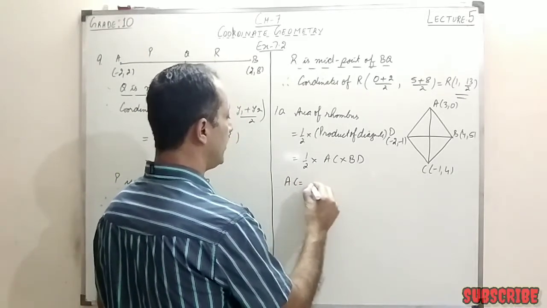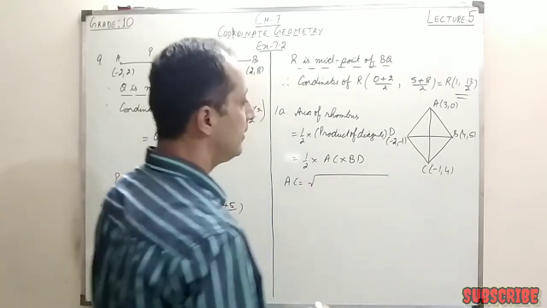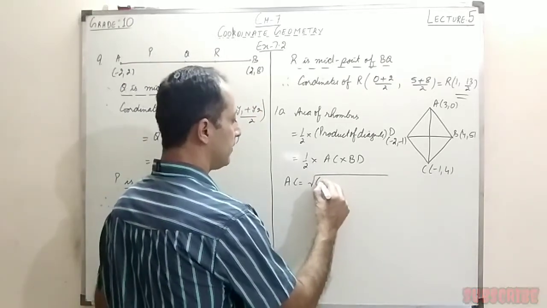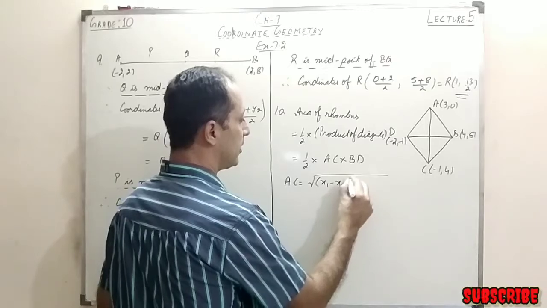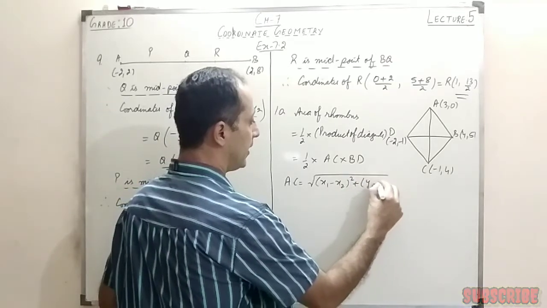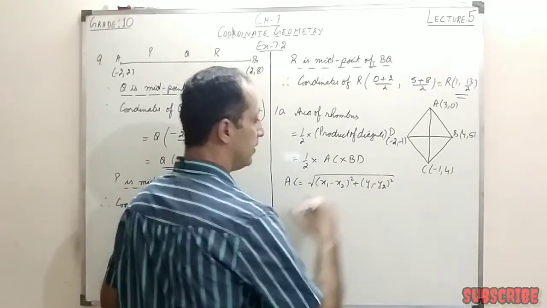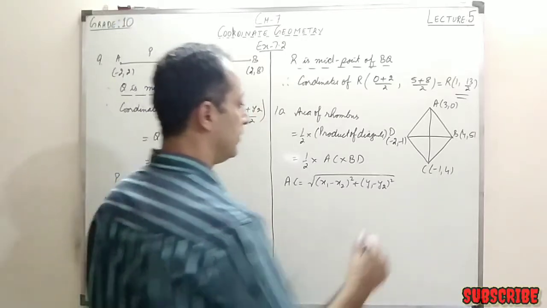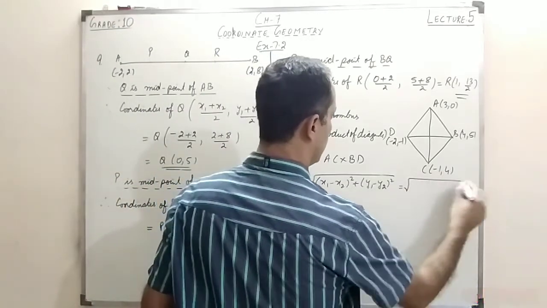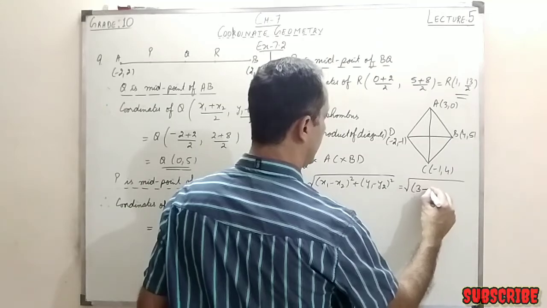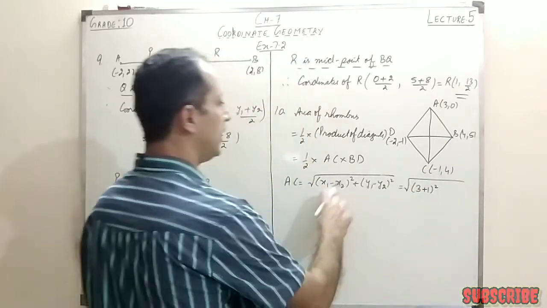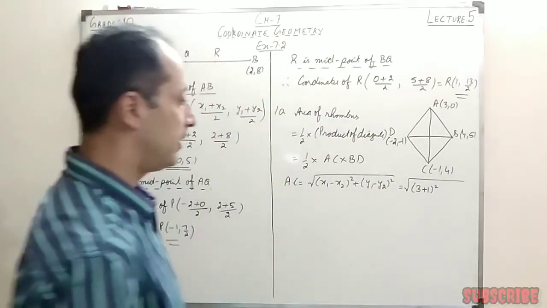So if I talk about AC, if I apply the formula, under root (x1 minus x2) whole square plus (y1 minus y2) whole square, right? So I'm just doing it directly. This is 3 plus 1 because there is one negative and x2 is negative, so it becomes plus.